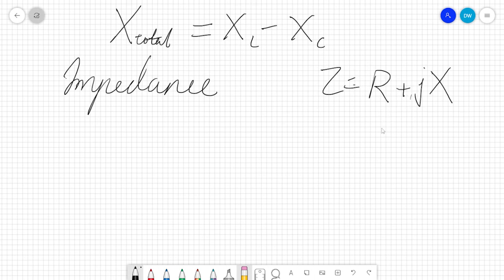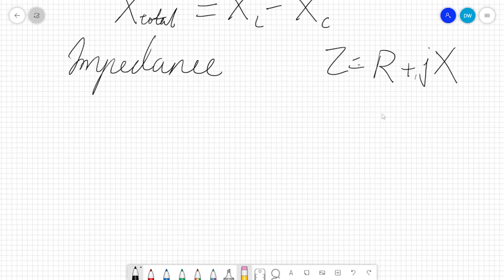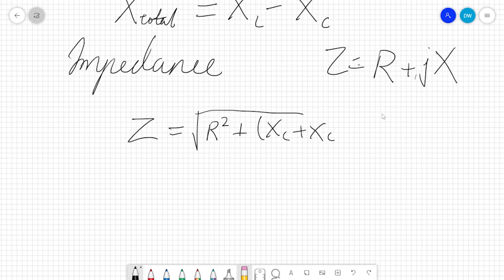But of course, in this course, you don't actually really have to worry about it. What you just need to know is the magnitude of impedance, which, because they are 90 degrees to each other, you can express via Pythagoras' theorem. Wait, sorry, it's the difference between... so this is what you really need to know for this course.